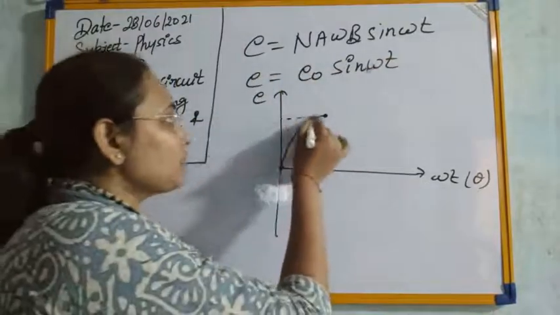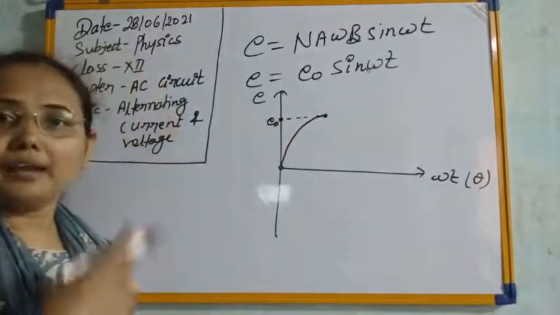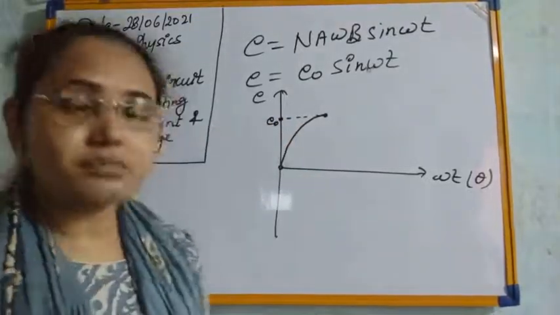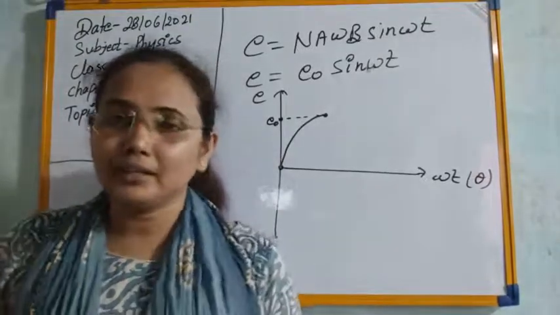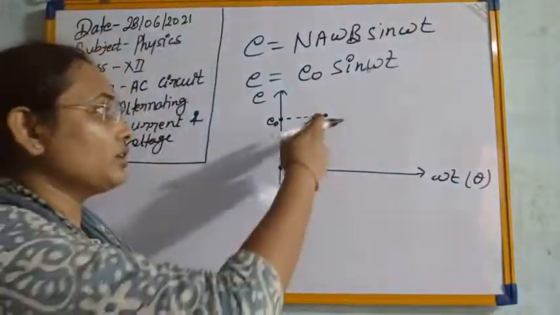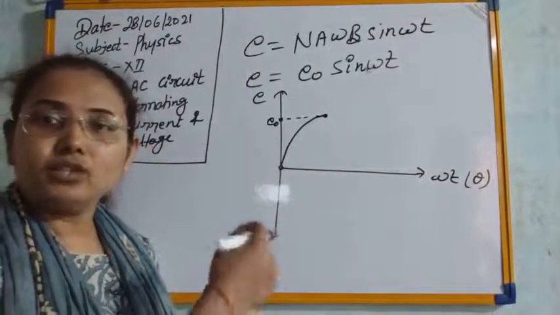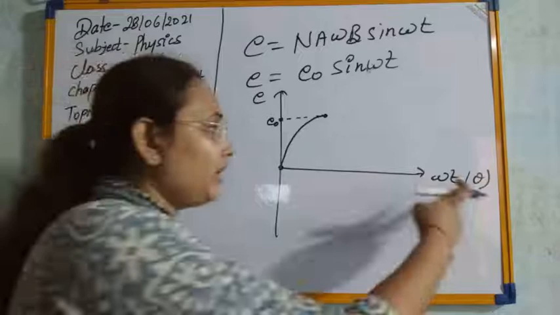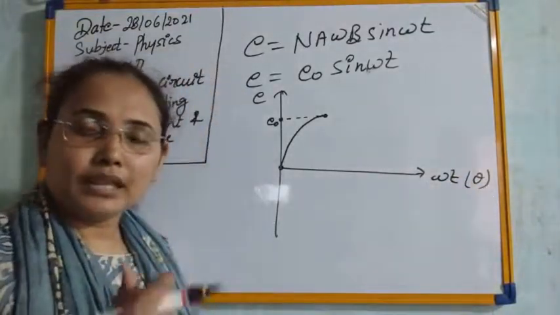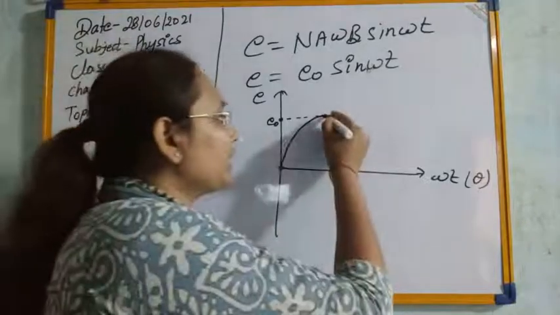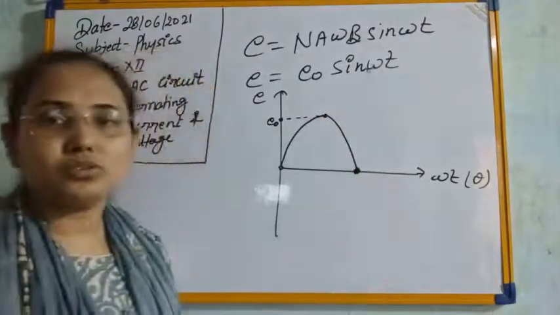This is the maximum value we obtain for the EMF, and beyond this we cannot increase the EMF or the current further. When we rotate the coil from 90 to 180 degrees, it starts to decrease, and at 180 degrees it becomes 0.